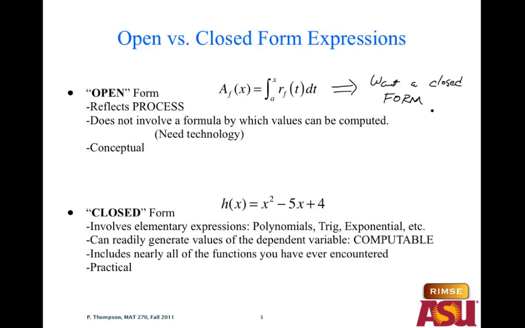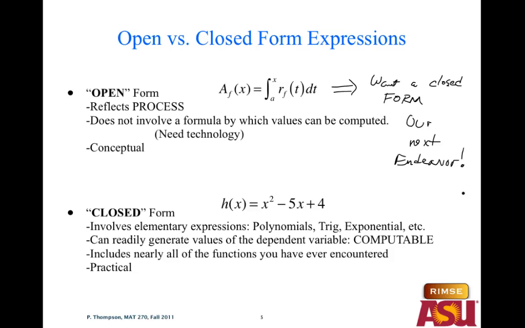So that's the next journey we're going to start: how can we now write this net accumulation function in a closed form, so we can spit out lots of values of net accumulation or total accumulation for various values of x, the independent variable. So that's our next endeavor.